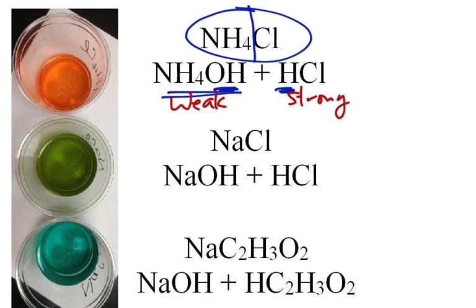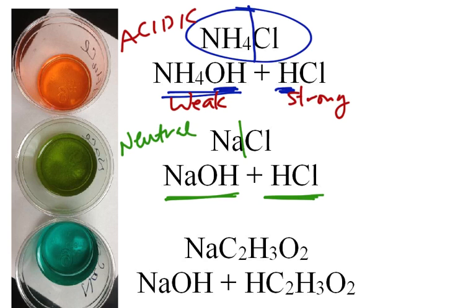Now, strong acid, weak base, that's going to make the solution acidic. Now, if you see that you have a strong base, like sodium hydroxide, and putting an H on the Cl, you get a strong acid. So if it's strong and strong, then it ends up being neutral. And then finally, this Na is going to come from NaOH, which we know is a strong base.